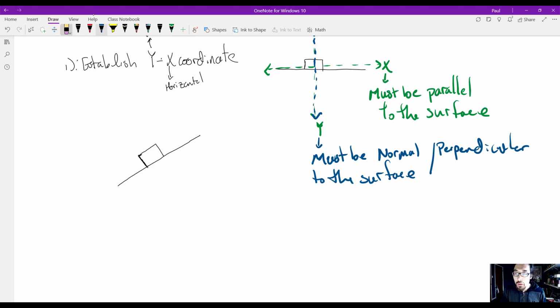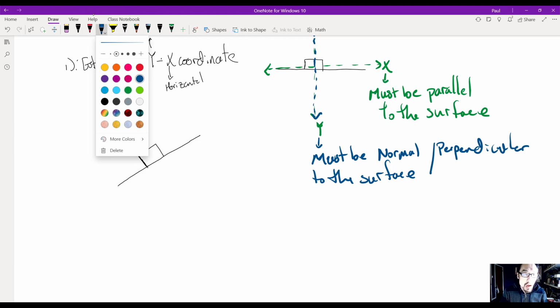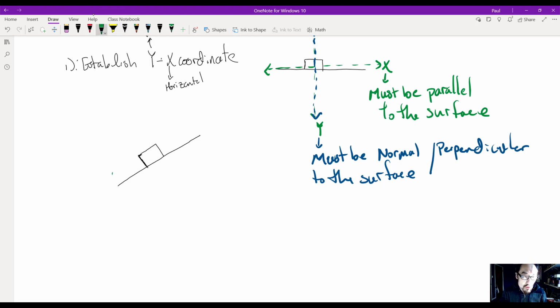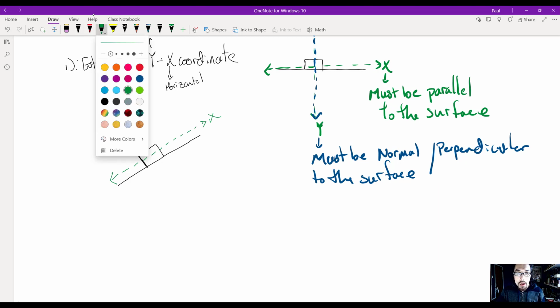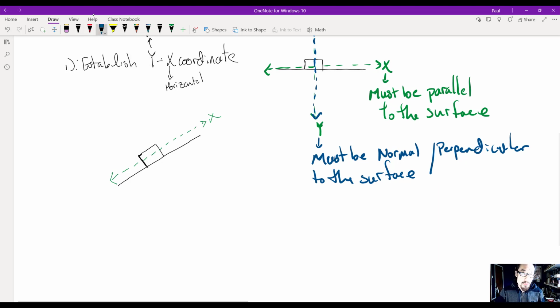Okay, so rule 1, the x-axis must be parallel to the surface. Until we get used to it, I encourage you to draw the horizontal axis right on the object itself. So this is our horizontal axis, and the y-axis must be normal or perpendicular to the surface. These are the rules that you should follow, and it really does help when we are drawing our free body diagrams and labeling our forces there.